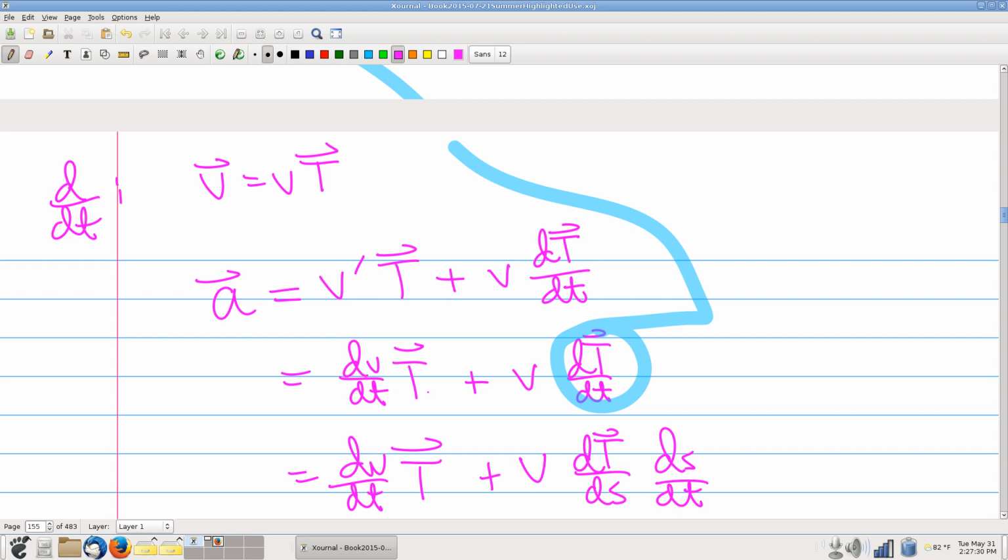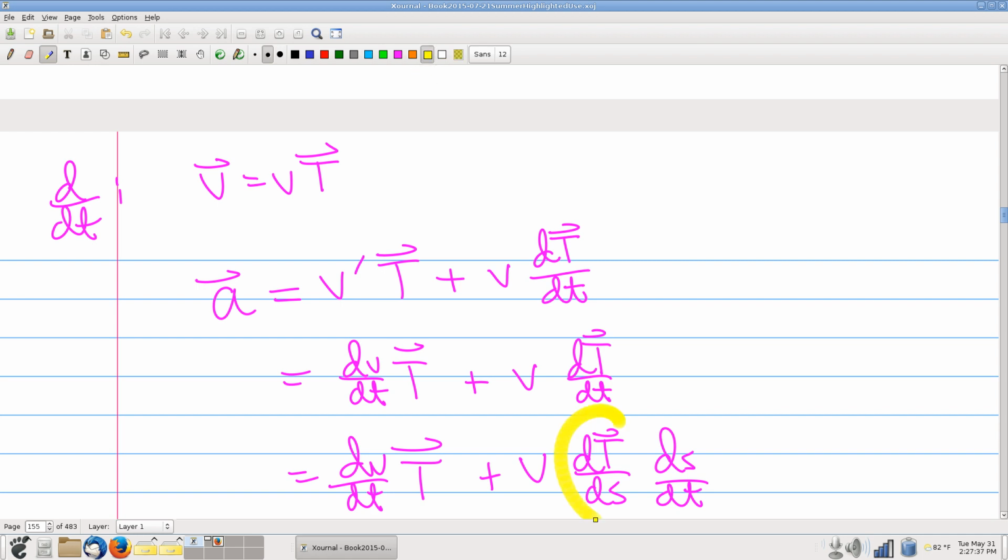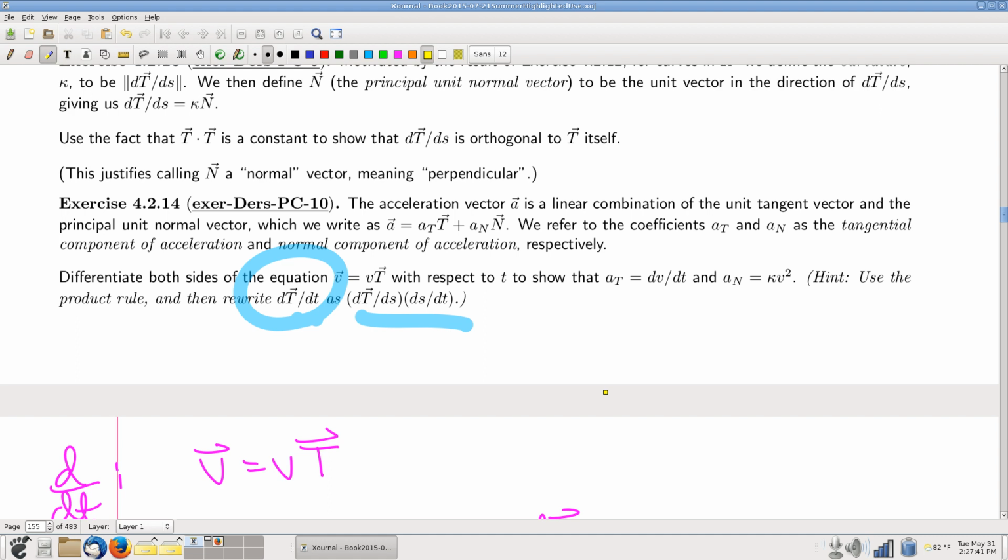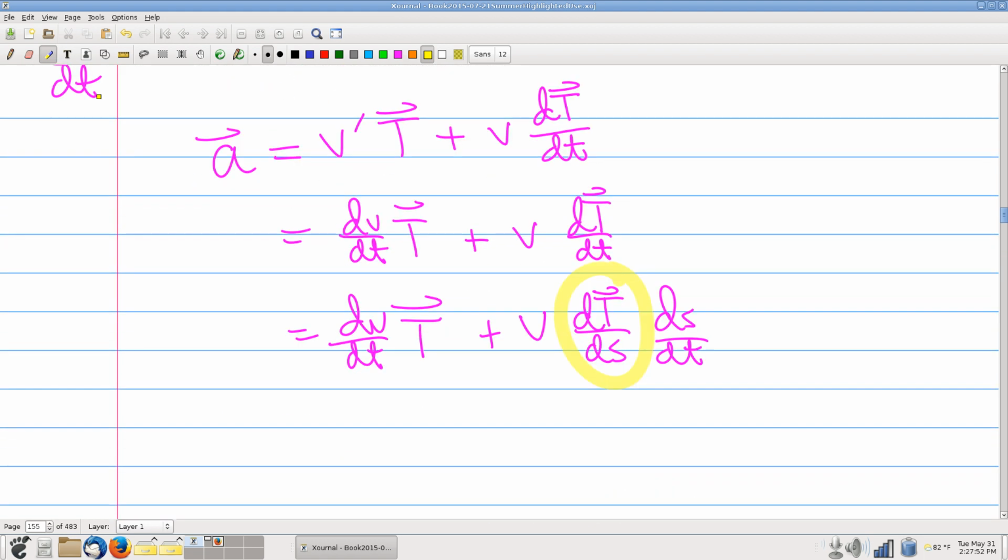All right, now here's the thing. This dt ds looks familiar. That is something we've seen before, and in particular, dt ds is kappa times capital N. Yeah.